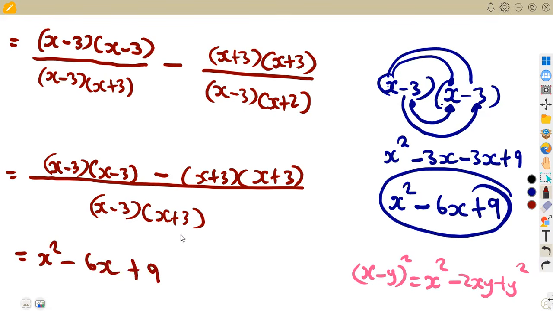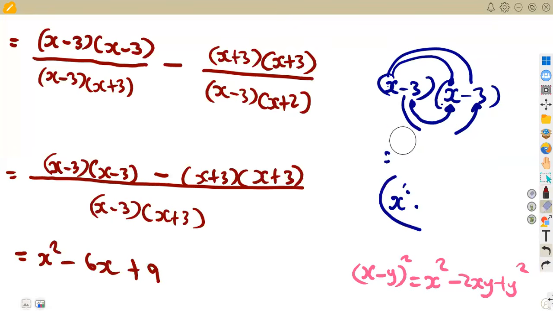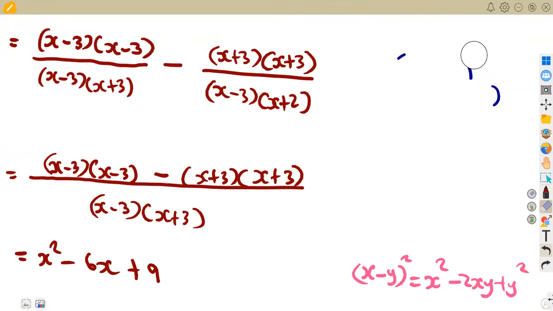On the other hand, you're supposed to do the same thing to expand your brackets on this side, but take note that there is a negative there. There's a sign in between to say that after expanding this bracket, I'm going to subtract, but whatever I subtract must be in a bracket so that it can be affected by the negative outside.